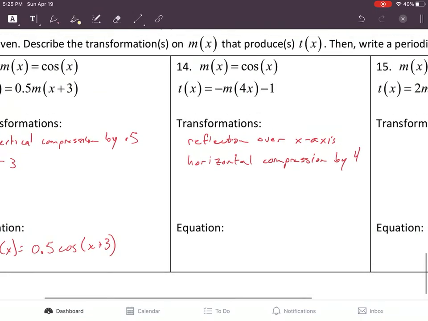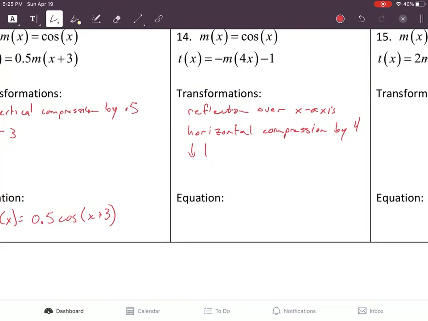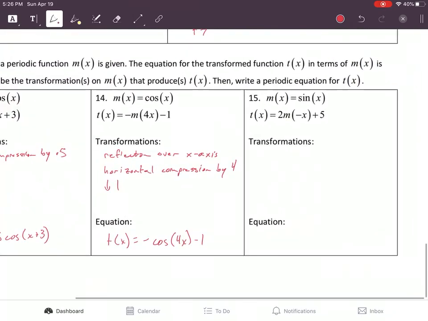And we're going down by 1. There you go. So to write this out, we'd have t of x equals negative cosine of 4x and then minus 1. Okay, so that's all you have to do is put the cosine in for the m value.